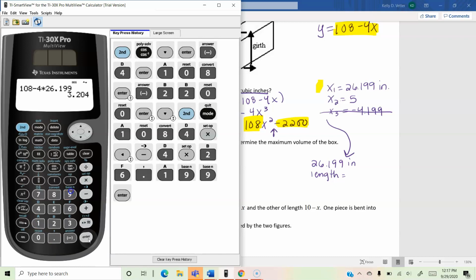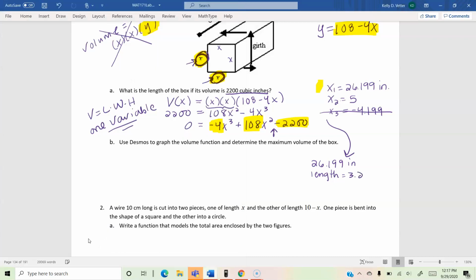All right, and I'm going to hit enter, and I get 3.204. And that'll be inches. Okay, so this is the possibility for that box if I go with using that first x answer.